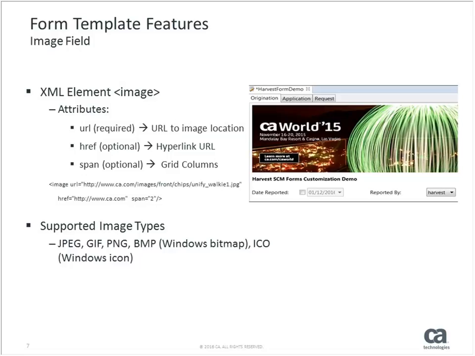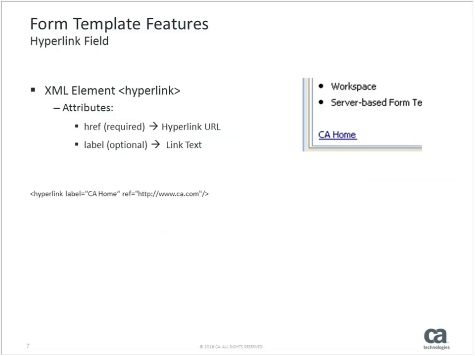Currently supported form image types are JPEG, GIF, PNG, BMP, as well as icon format. Hyperlink is another tag which we support in the form template, wherein we can provide a link in the form page.